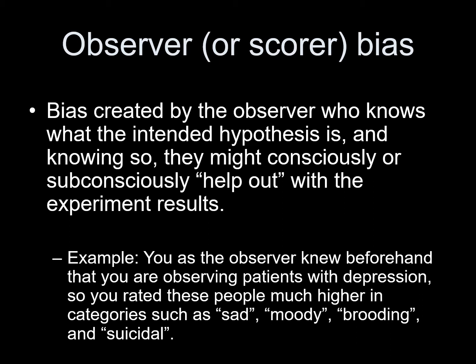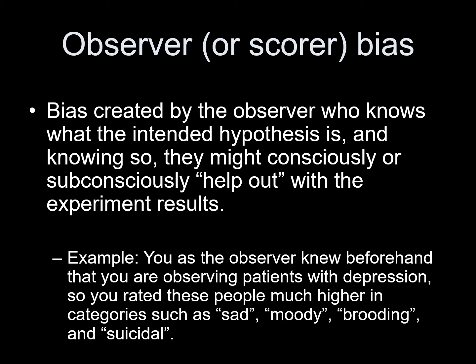Now, what is the best way to remove that? The best way is to have the observer observe both the control group as well as the depressed group, and then you don't tell them which group is which. You essentially blind the observer.